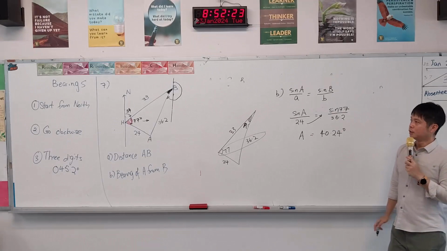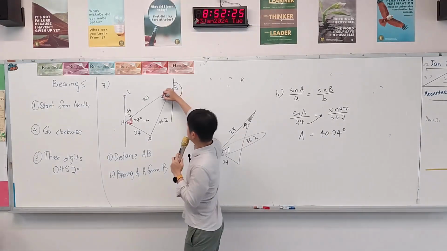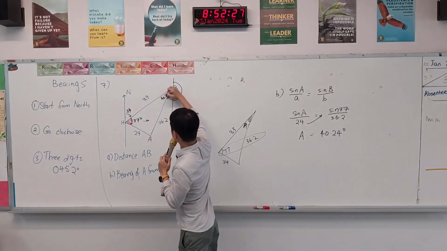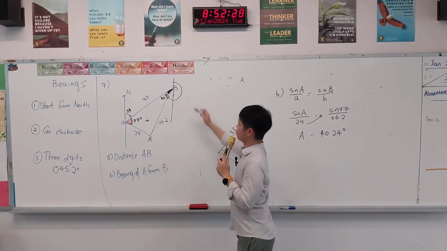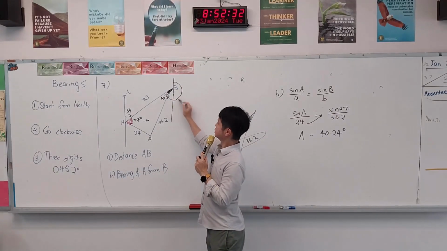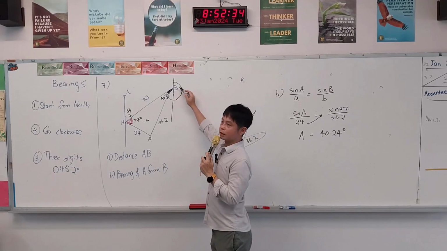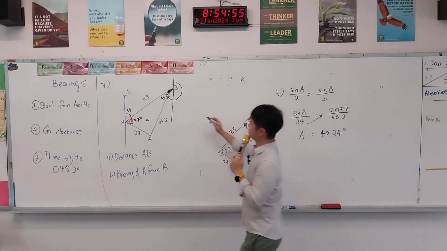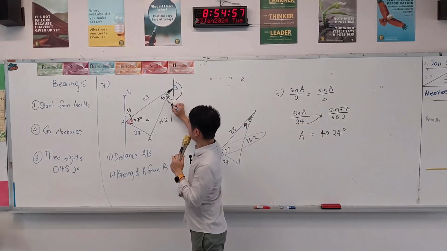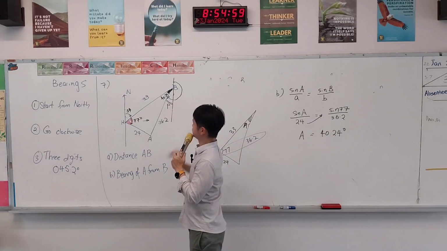Okay. If this is 40.24, what is the bearings? Okay, so you're saying that this angle P, okay, we do the other way. We find this angle P here.